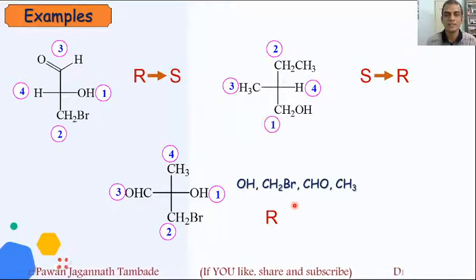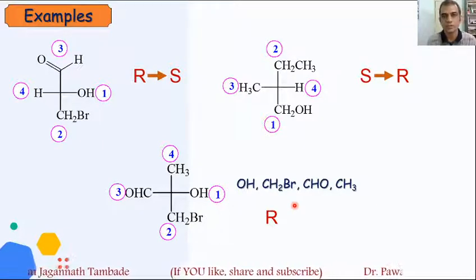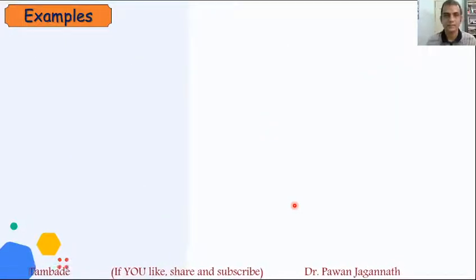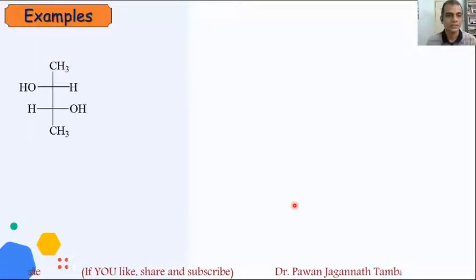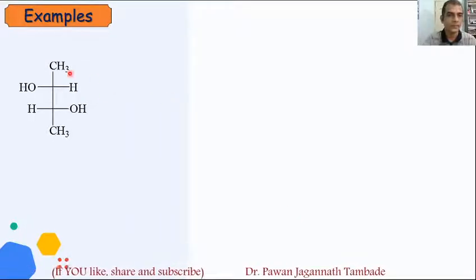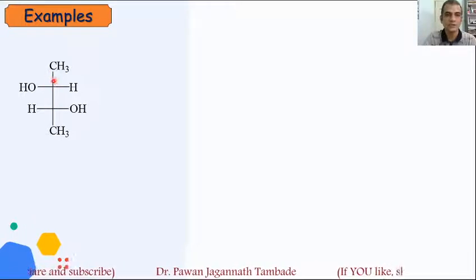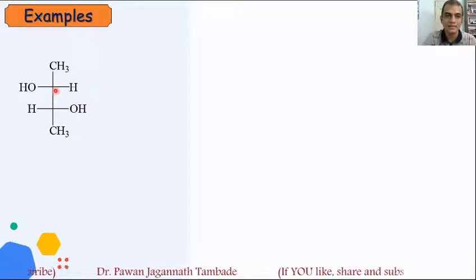Now we will see certain example where in Fischer projection formula molecule is having more than one chiral center. So look at this example. In this example, these are the two point of intersection for these lines. So there are two chiral centers, right?